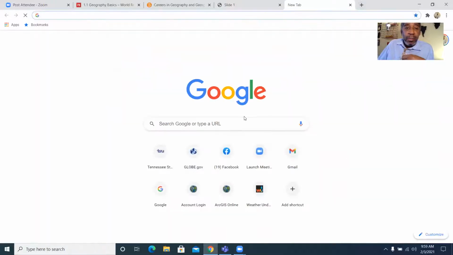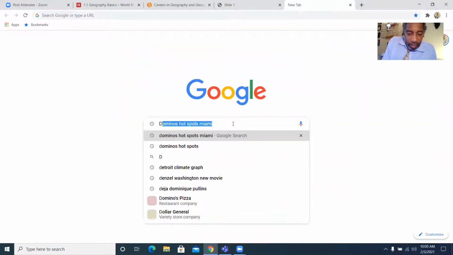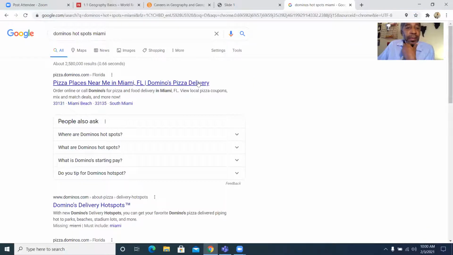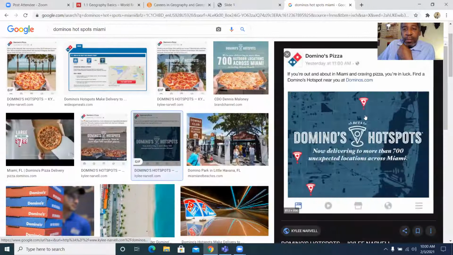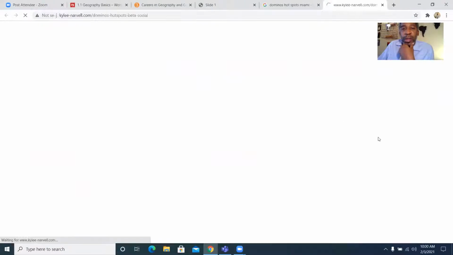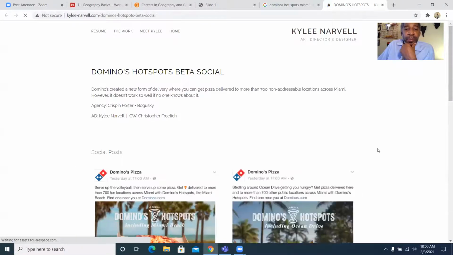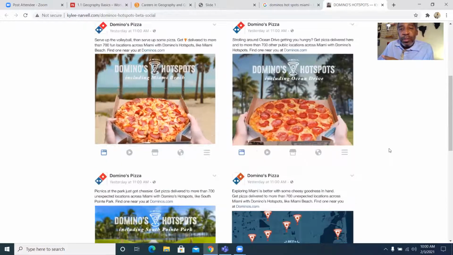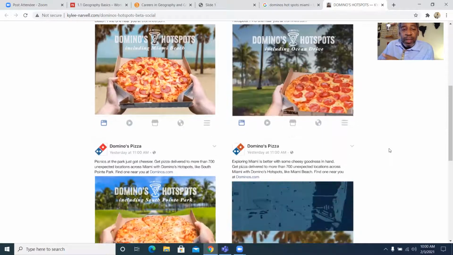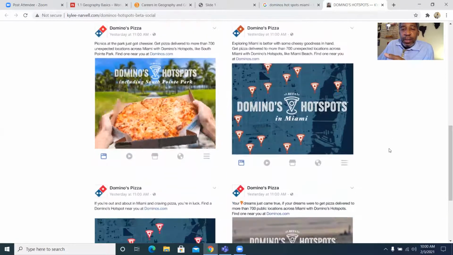And so we also looked at Domino's. Domino's Pizza has these hotspots now. And so Domino's can deliver not only to a physical address, but to an absolute location anywhere in a city.